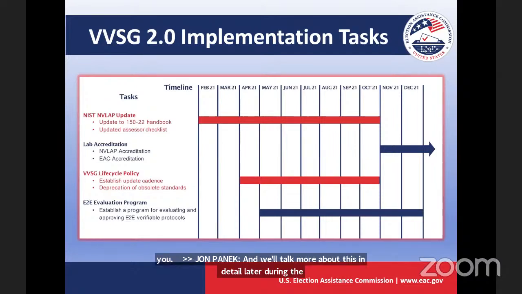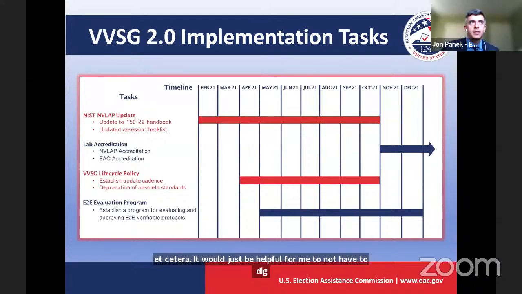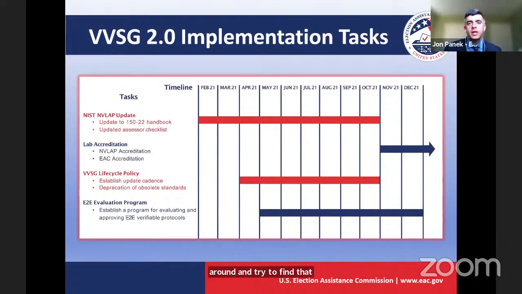Hi, this is Diane Golden. Can you provide links or some sort of reference to the revised test assertions? You were talking about clarifying some of the requirements in 2.0, et cetera. It would just be helpful for me to not have to dig around and try to find that stuff. Certainly.